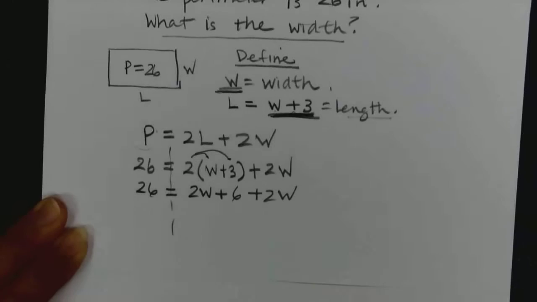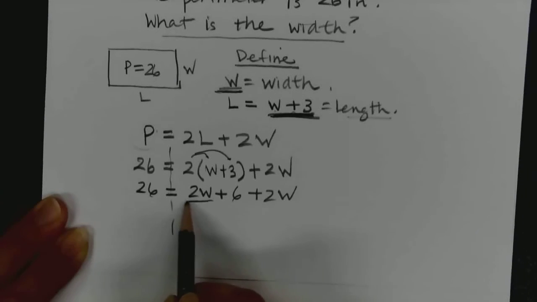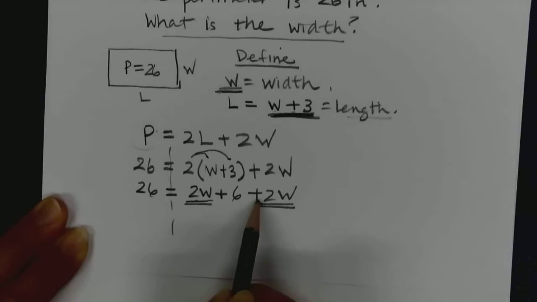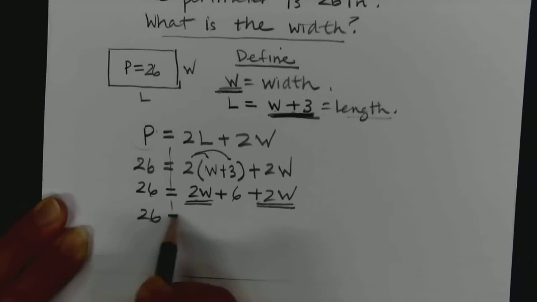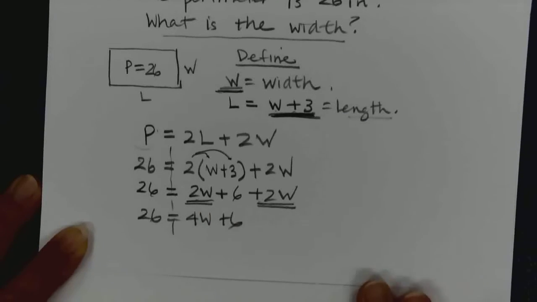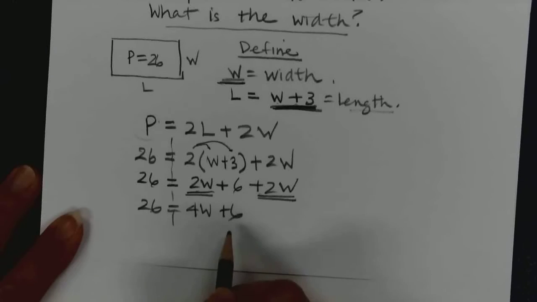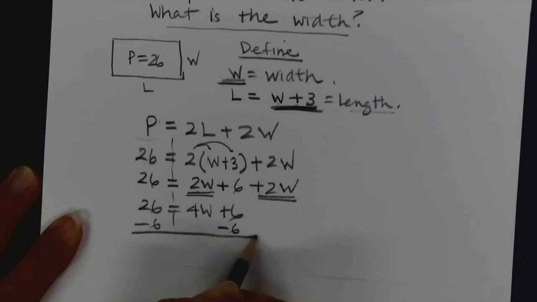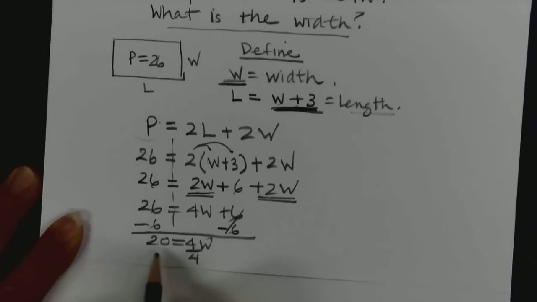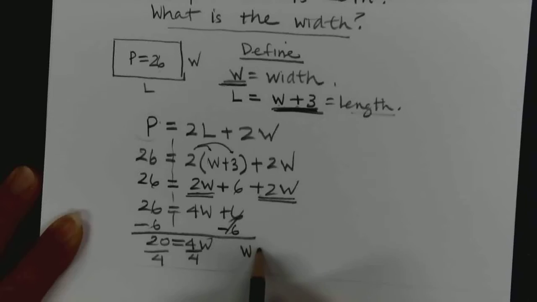Now here's the equal sign, so we're going to combine like terms when they're on the same side. 2W plus 2W is 4W plus 6. And then minus 6, so 4W is equal to 20. Divide by 4. So the width is 5 inches.